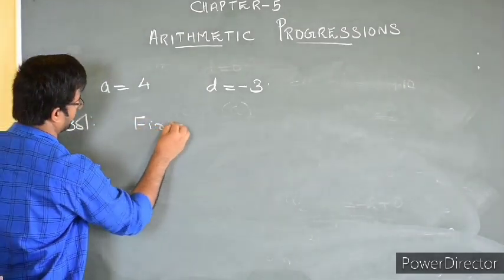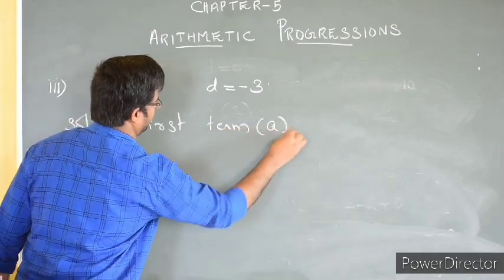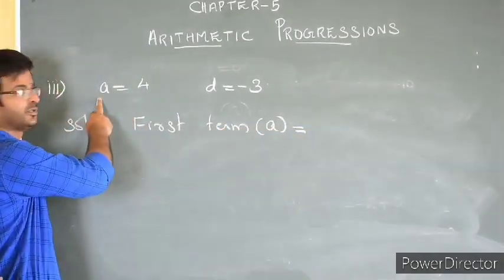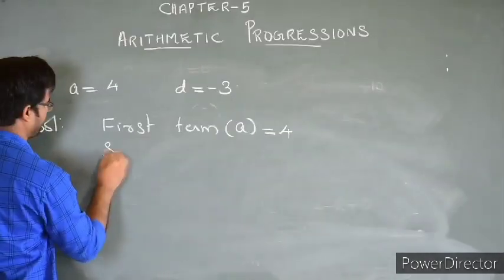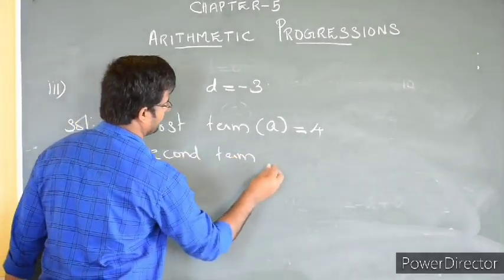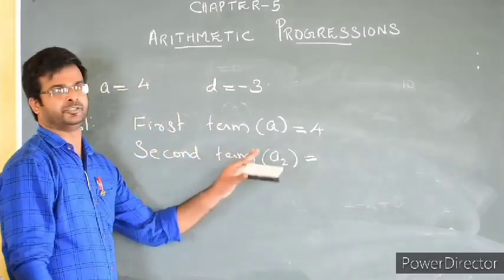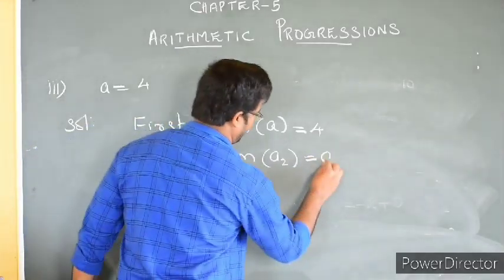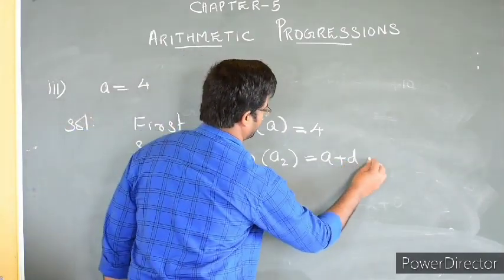First term means A. A already given in this question, that is 4. You can write 4. Then second term, directly we can write second term, that is A2. A2 means first term plus D, the common difference.